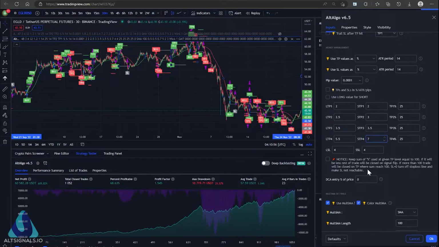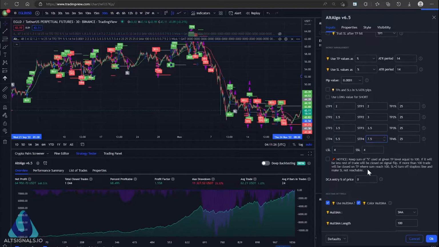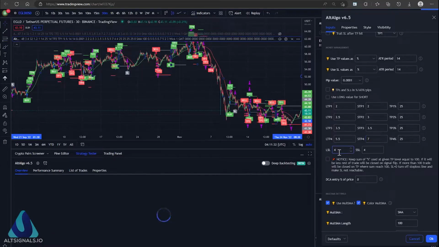So let's even try 7 here. As you can see, it keeps going up, so let's try 7.5 even to reach very high profits there on the last take profit. Okay, it goes down again, so let's keep it at 7. This is already a very good one for shorts.